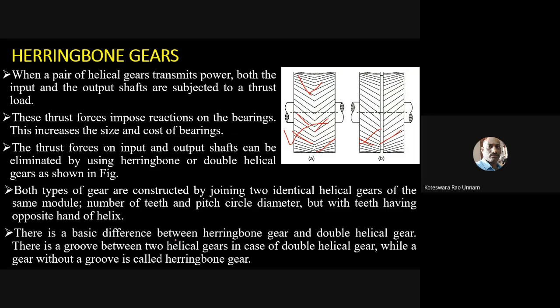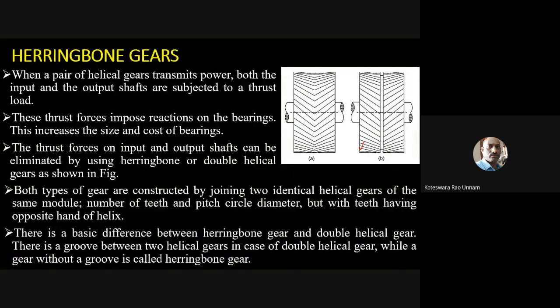The basic difference between herringbone and double helical gear is that there is a groove between the two helical gears in case of double helical gear, while a gear without a groove is called a herringbone gear. So that's what I already said. In case of this one, we are calling it a double helical gear.